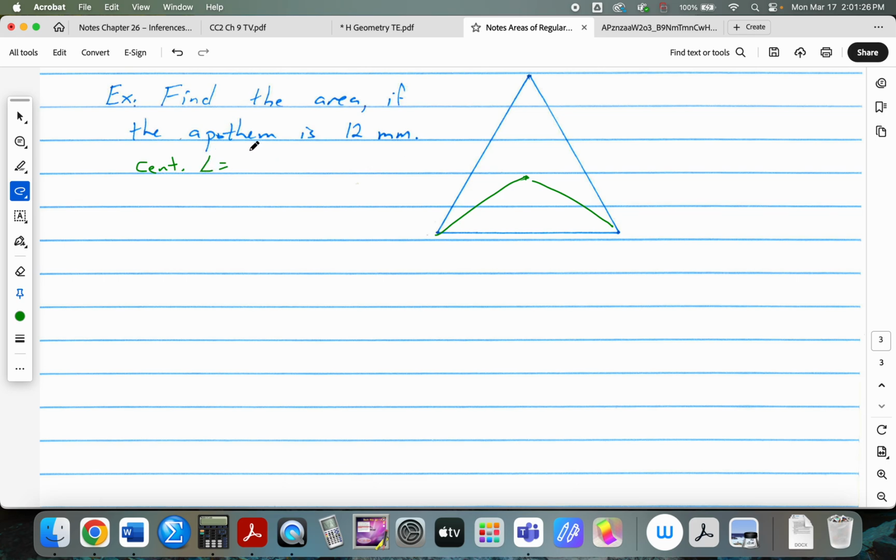So the central angle is 360 divided by 3 is 120. Draw in the apothem, and that splits the central angle in half. So each of these is 60. And the length of the apothem is 12.